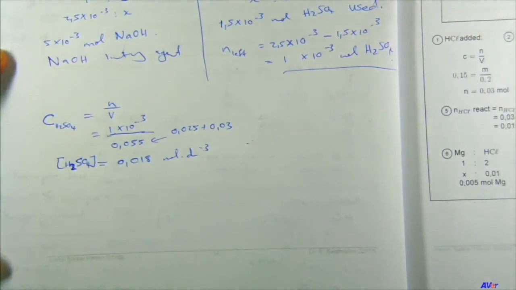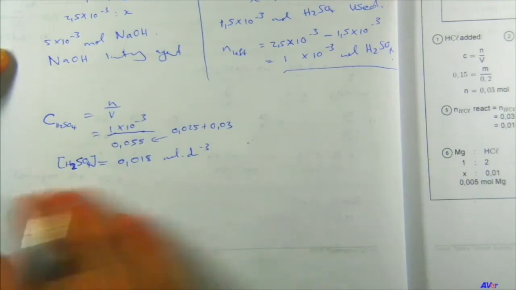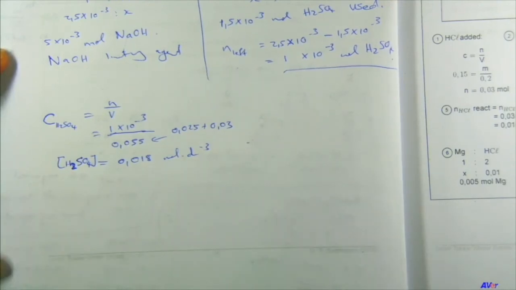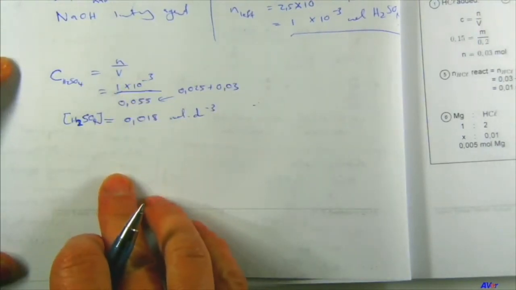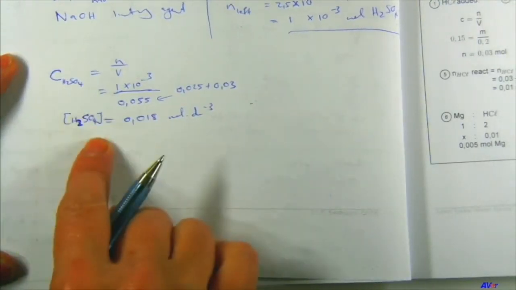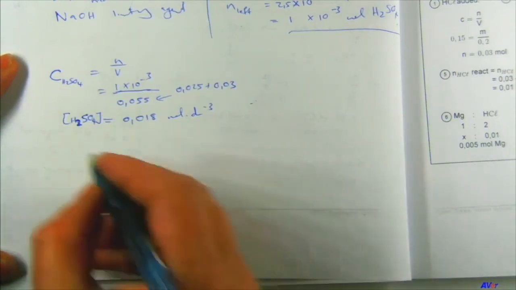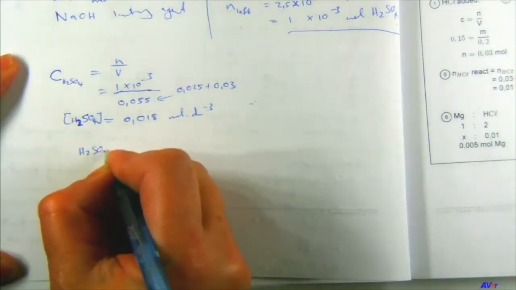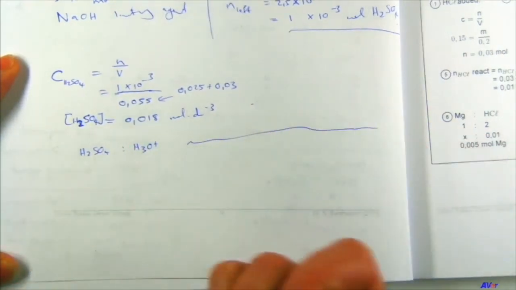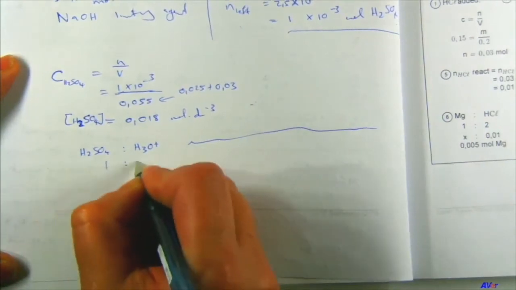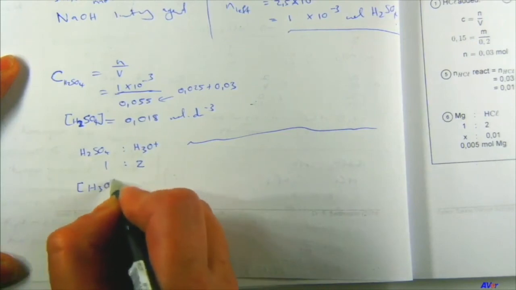Right, my H2SO4 concentration. And now we're back at yesterday. Yesterday I told you I've got a concentration of H2SO4 of this, calculate the pH. Right. What do I do? From acid, I have to go to H3O+. What do I know about sulfuric acid? Strong, and it is diprotic. Right. So from H2SO4 to H3O+, I should actually write the equation, but we're in a little bit of a hurry, is 1 to 2. Right. So what will be the concentration of the H3O+?